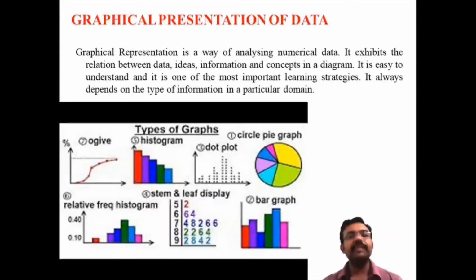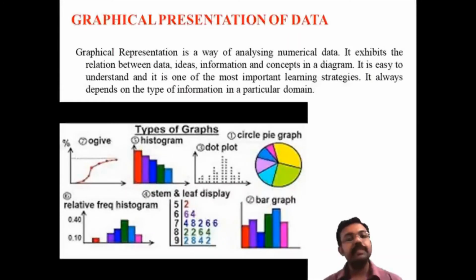Graphical representation means analyzing the numerical data. That means identifying the relation between the information and the concepts, so that we are expressing these entire elements through a diagram. That is known as the graphical representation of the data. The most important element from the researcher's point of view is that researchers always try to draw the graph for identifying each and every activity.